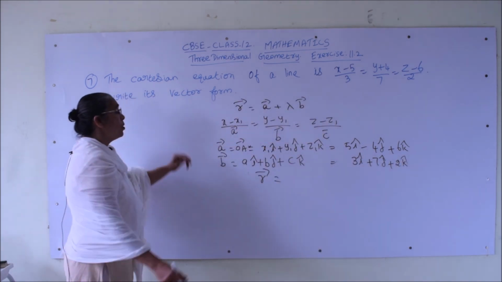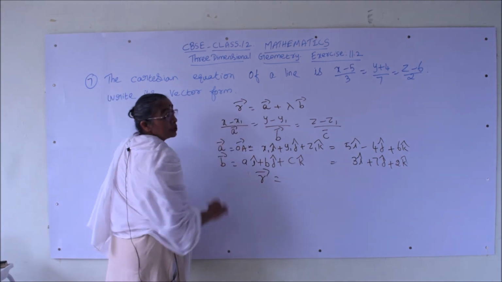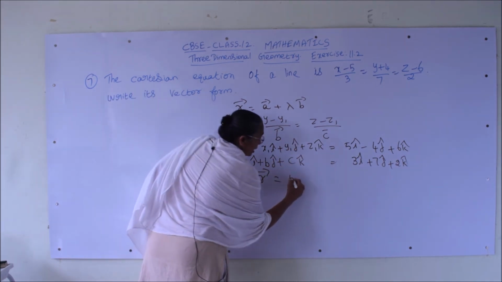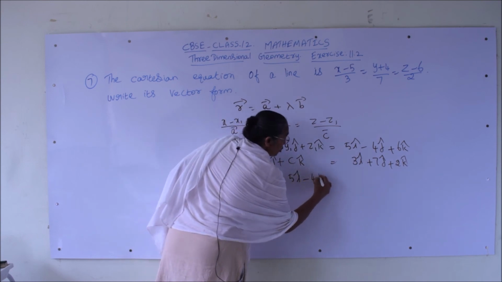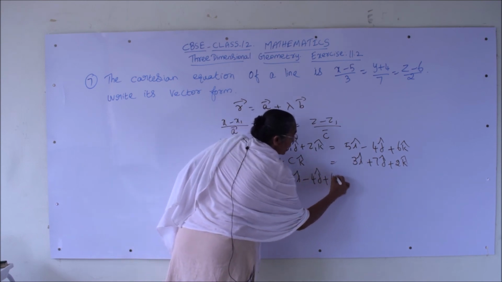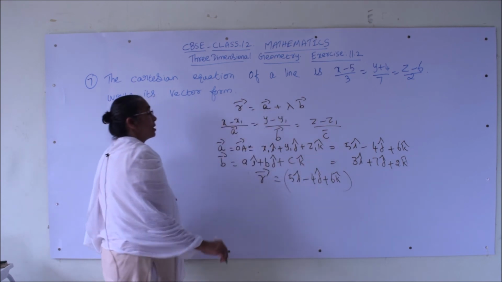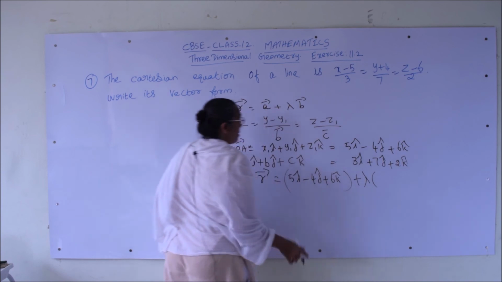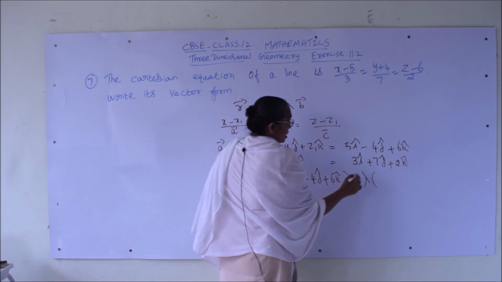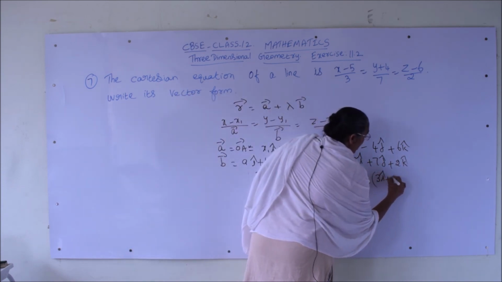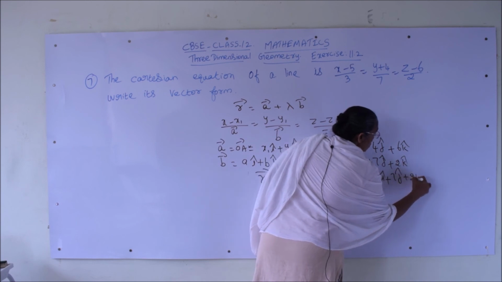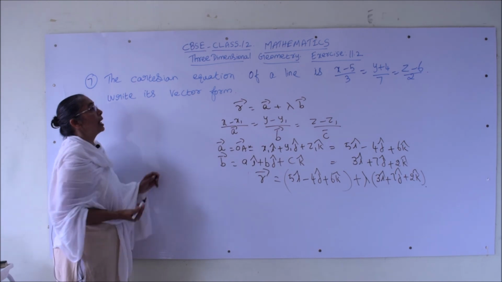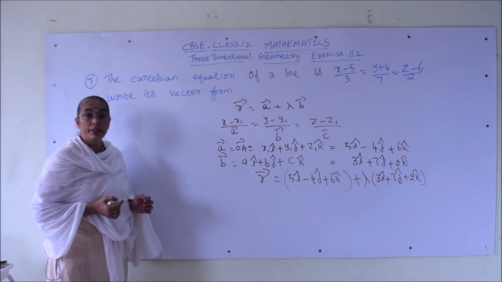Now the vector form is r vector equals a vector, 5i cap minus 4j cap plus 6k cap, plus lambda, some real number, times the b vector, which is 3i cap plus 7j cap plus 2k cap. So for the given Cartesian equation of a straight line, we found the vector equation.